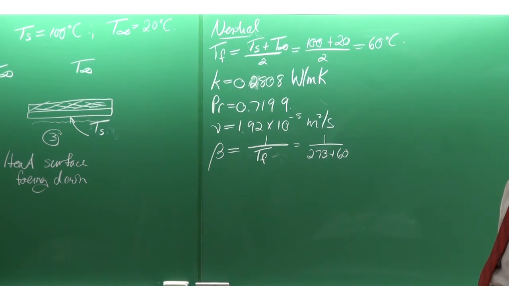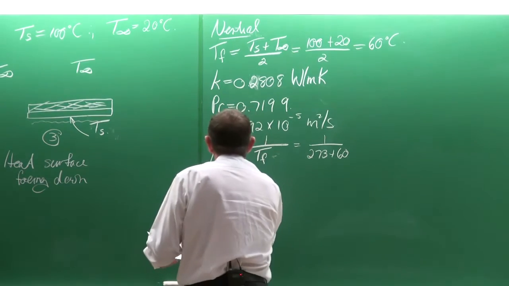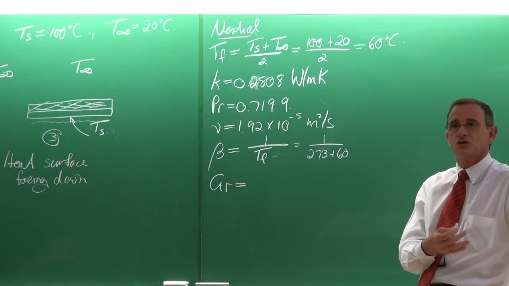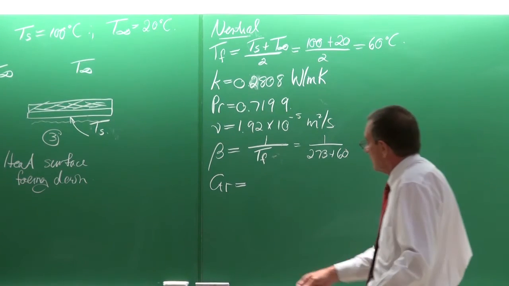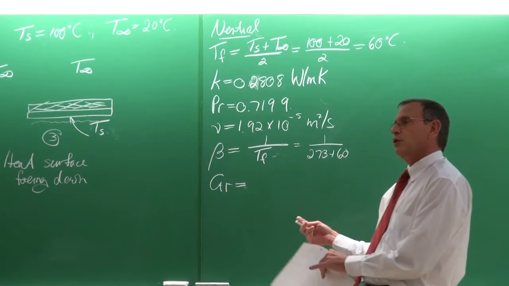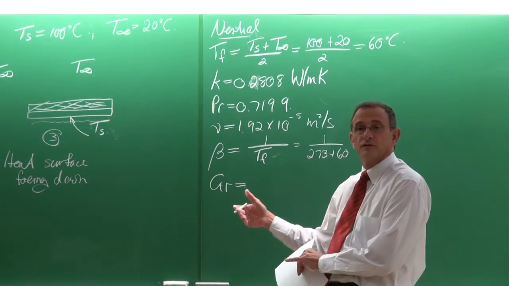Right, so here are the properties, and if you look at the equation, you'll see you need the Rayleigh number, and you can calculate the Rayleigh number directly. I personally always prefer to first calculate the Grashof number, just because it gives you one less term to calculate.